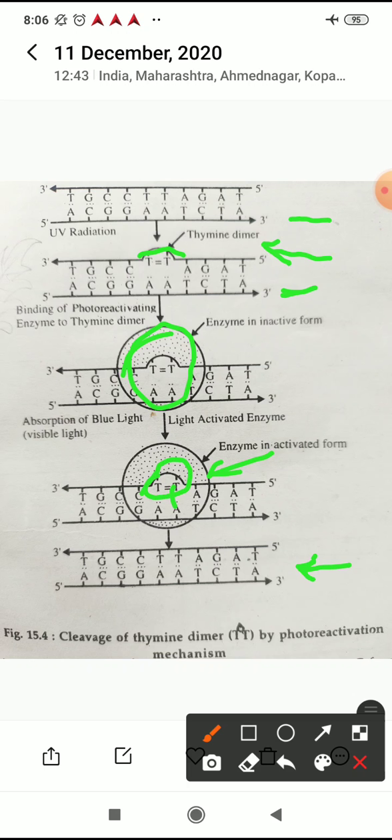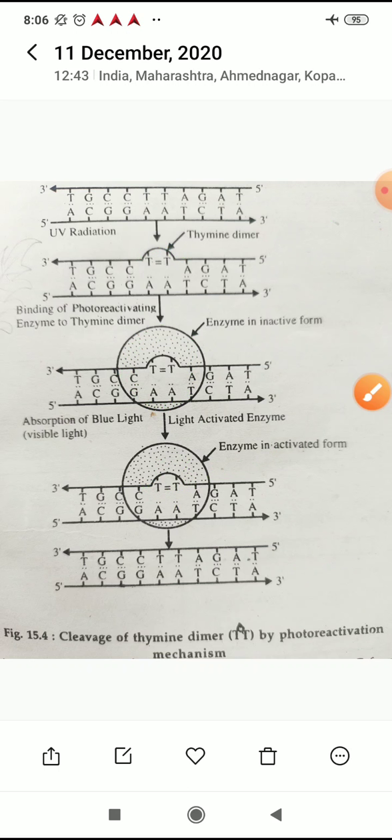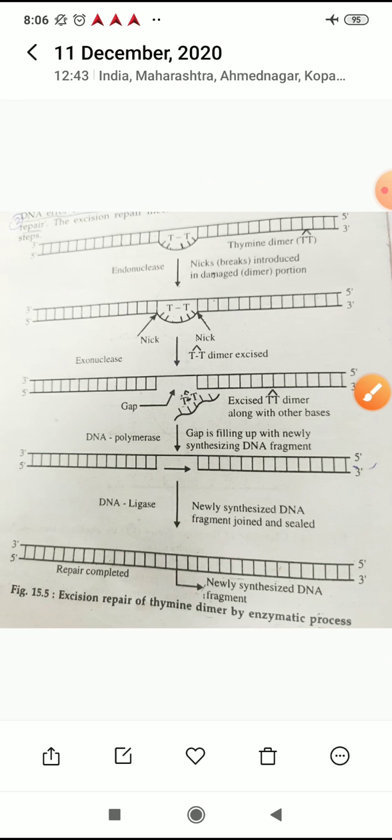So I think you might have understood how the mechanism of photoreactivation works. Now we will go towards another mechanism of DNA repair, and that is excision repair.